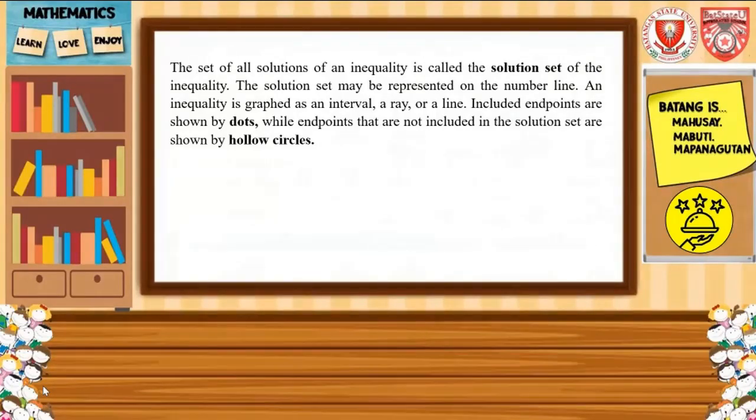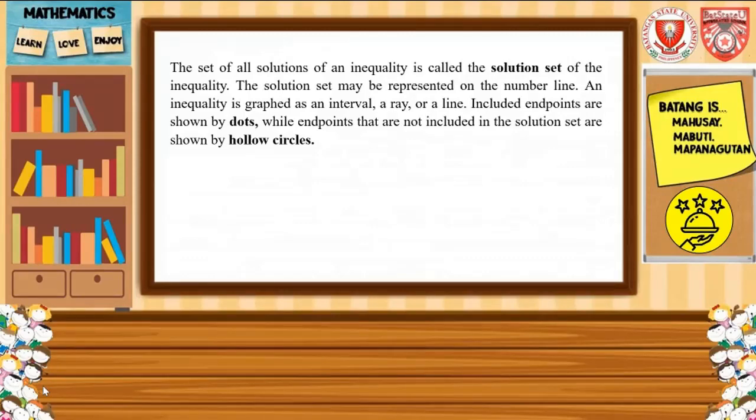A linear inequality is graphed as an interval, ray, or line, including the endpoints, shown by a dot. Endpoints that are not included are shown by a hollow circle.